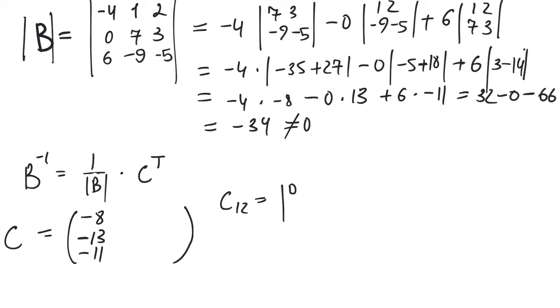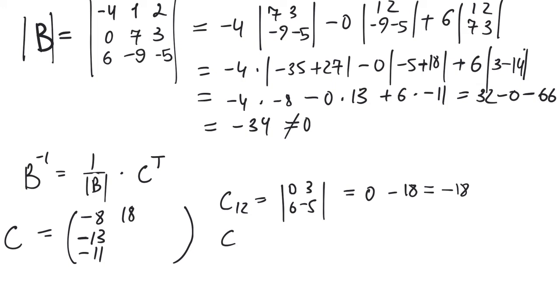0, 3, 6, -5. That's 0 minus 18, -18. And it's the second term in the first row, so it's plus and then it's minus, so it's just 18.